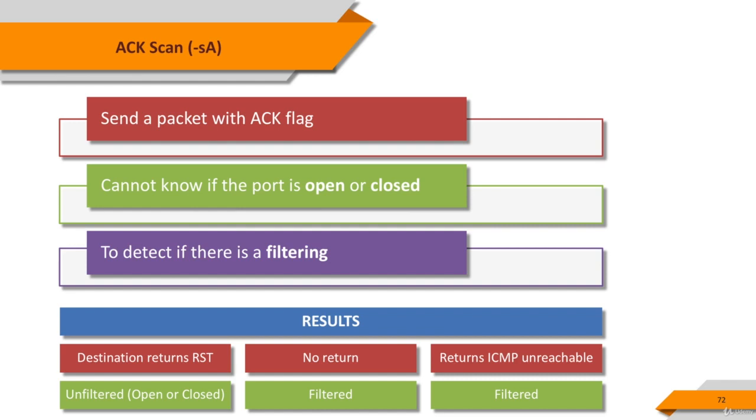When scanning unfiltered systems, open and closed ports will both return a RST packet. Nmap then labels them as unfiltered, meaning that they are reachable by the ACK packet, but whether or not they're open or closed is undetermined. Ports that don't respond or send certain ICMP error messages back, type 3, code 0, 1, 2, 3, 9, 10, or 13, are labeled filtered.